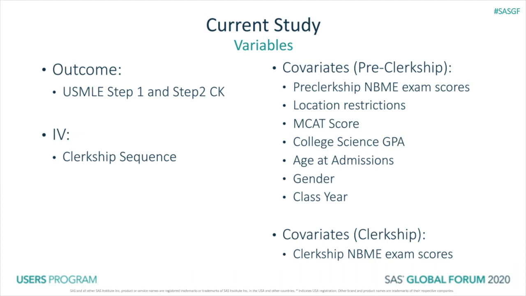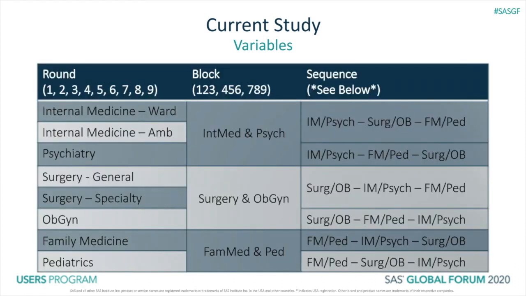All right, so this is one of the complicated parts in the variable creation. This is what the different clerkships look like. On the left-hand side, you see the different rounds. There are 9 different rounds that the student can be assigned a specialty in. So we've got 2 internal medicine rounds, which would be ward and ambulatory.